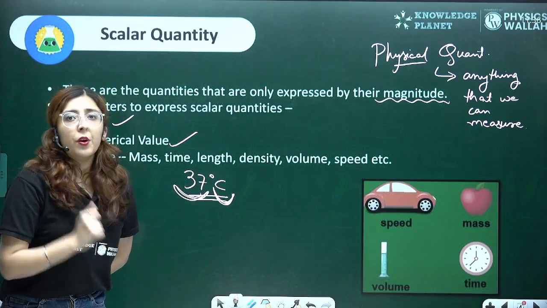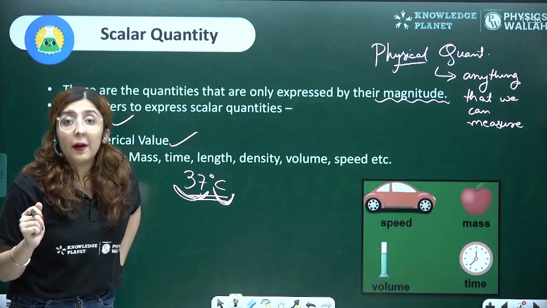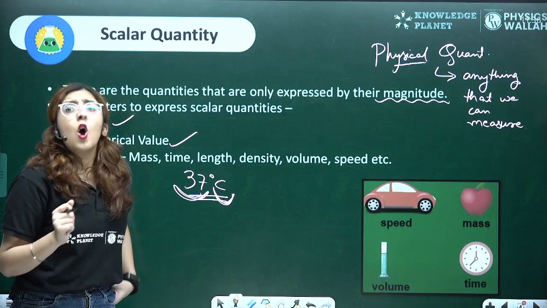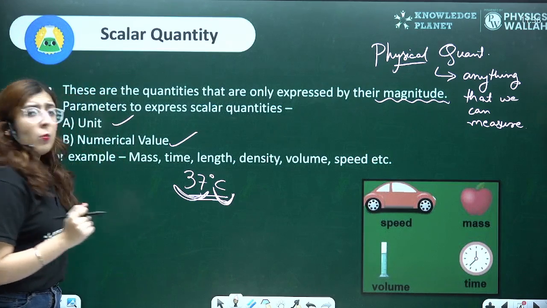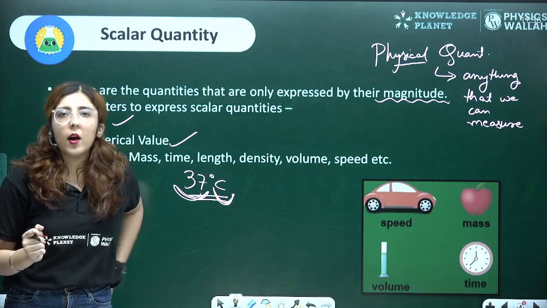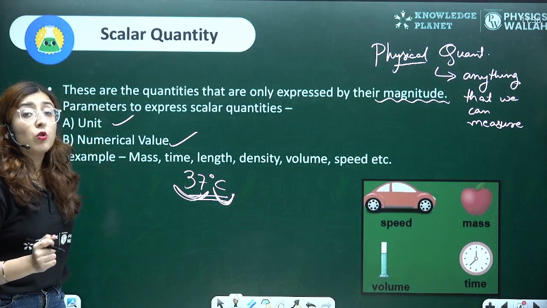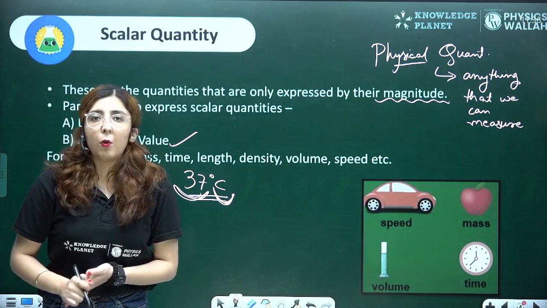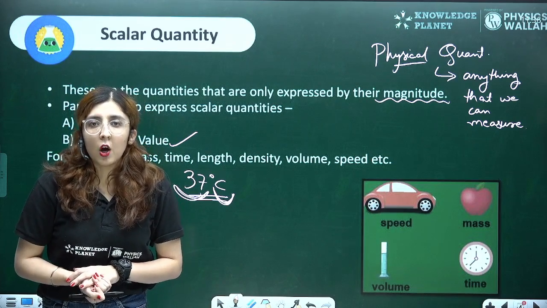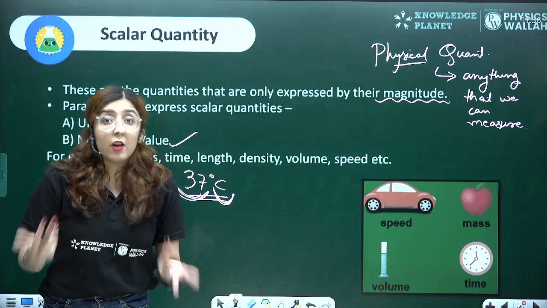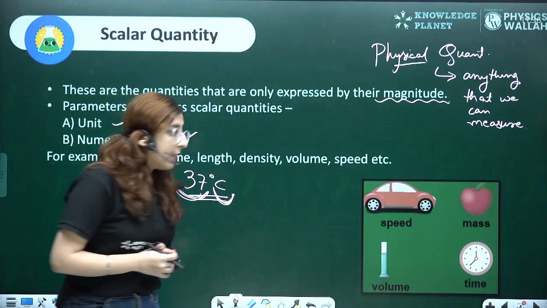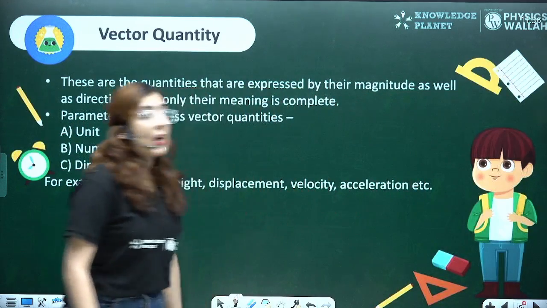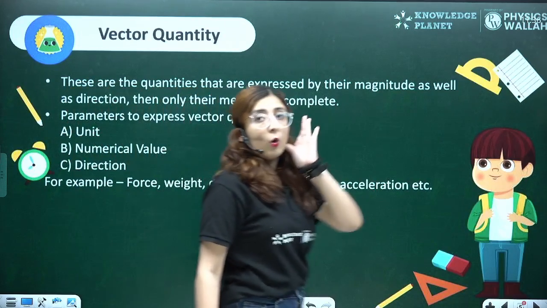We don't require direction at all, but there are some physical quantities that require direction. What are they? For example, force. If I ask you to push a box with 5 Newton of force, you are going to ask me, where should I push the box? So when we talk about quantities that require direction, we talk about vector quantity.